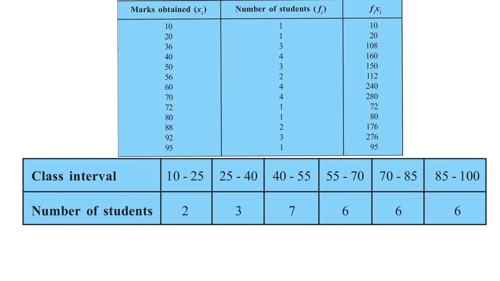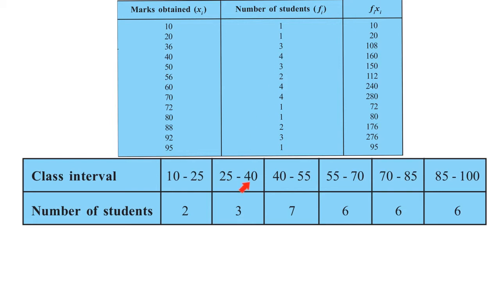But remember that while allocating the frequencies to each class interval, students falling in the upper class limit would be considered in the next class. For example, look at this. Let's take how many students have scored marks 40? It is 4.